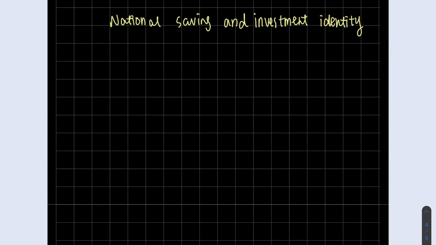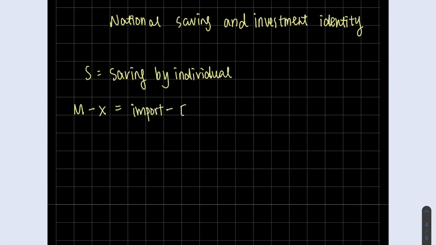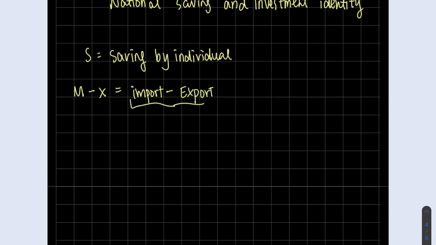So first let me introduce some symbols. Let's use S to represent the saving by individuals or firms. And then we use M minus X to represent imports minus exports. Do you guys know what that means? Okay, that means the trade deficit.